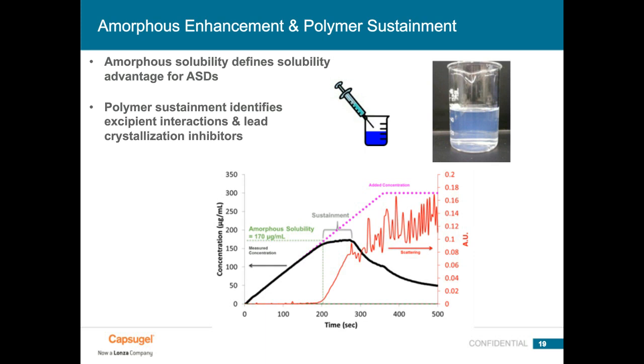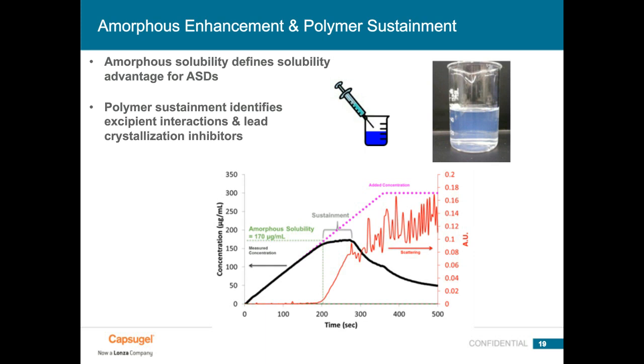And so in the plot at the bottom, the pink curve shows our total added drug concentration, which we add over time. The x-axis is time, and the y-axis is either concentration or scattering. And what we observe, the black trace shows the concentration of drug, and we see that it increases linearly as we add drug until we reach a critical concentration where the concentration plateaus.